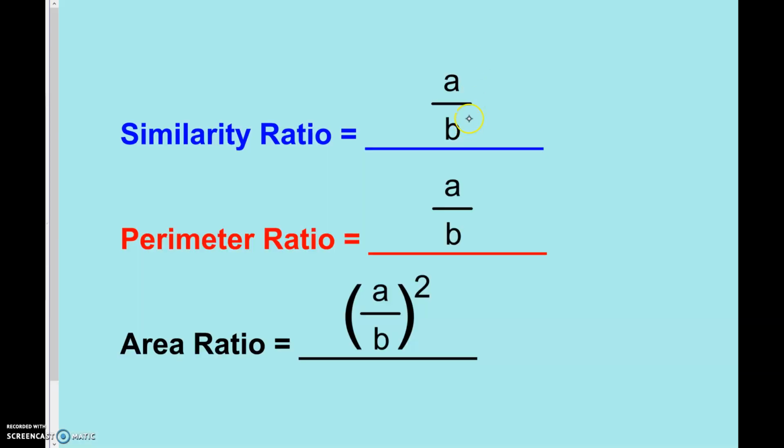So if your similarity ratio is A to B, the perimeter will also be A to B. But the ratio for the area will be A over B squared. So be careful. And then if we added volume in here, this would be A over B. Think about your volume, and that when we're talking about volume, we cube it.